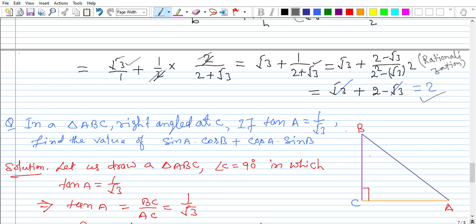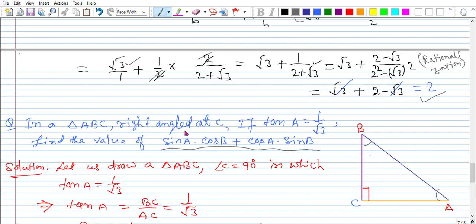When you have a tan cot, I think that we will take C as a right angle and A as an acute angle, and the expression also indicates which is our acute angle. Sir, here B is also acute and A is also acute.